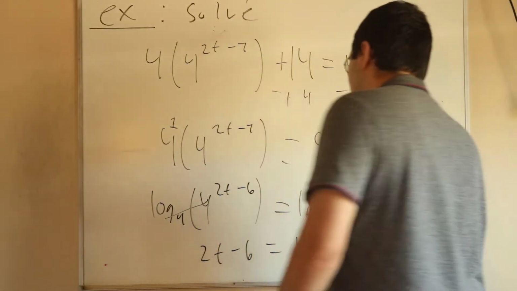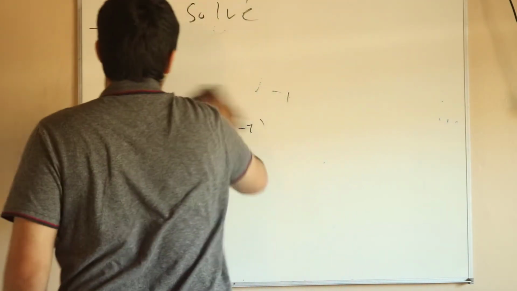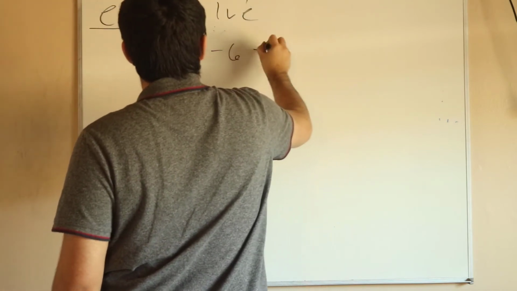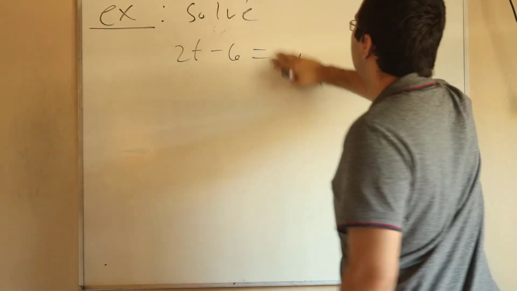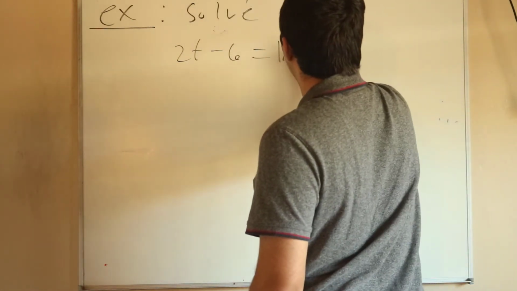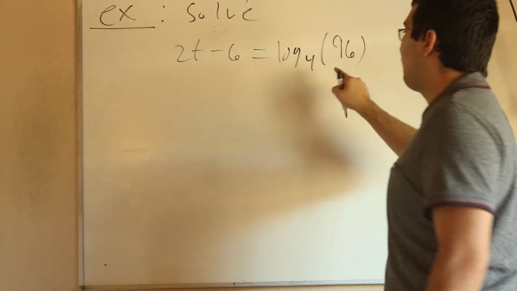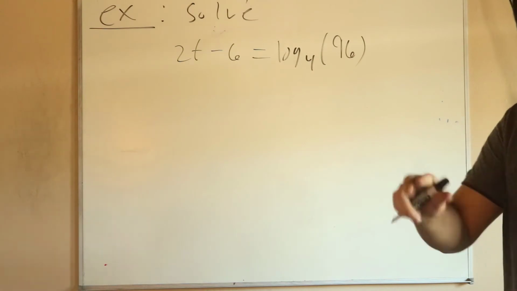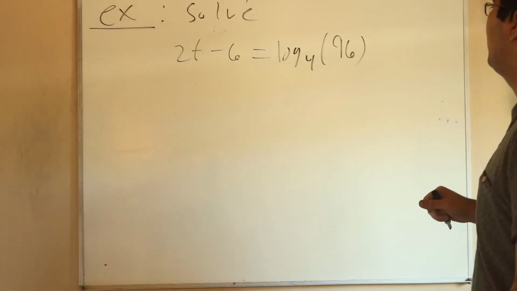Okay, so, alright, so, oh, my bad. Log base 4, 96. Now, at this point, okay, so actually, let's continue, let's solve for t, and I'll get to that point I want to make later.